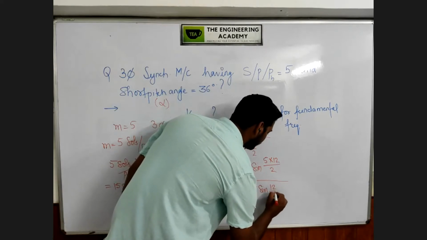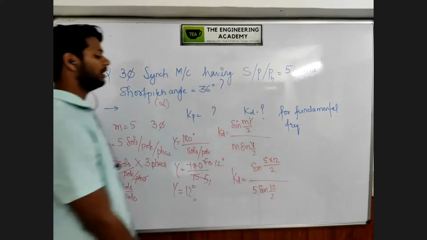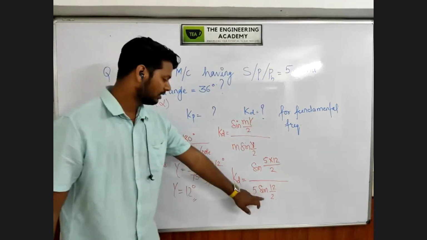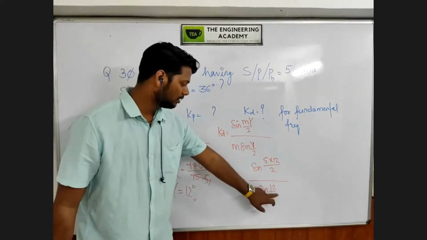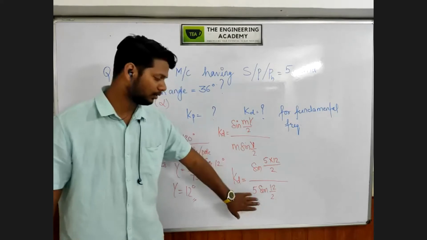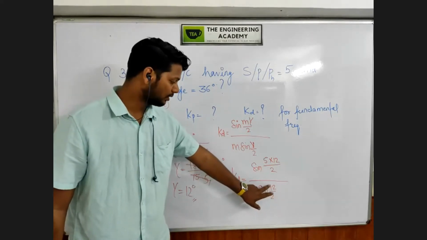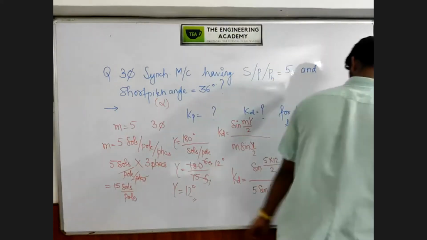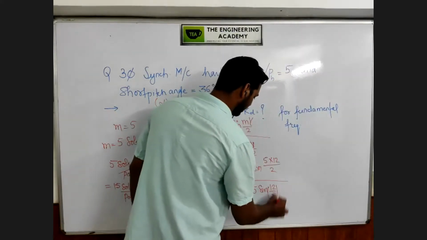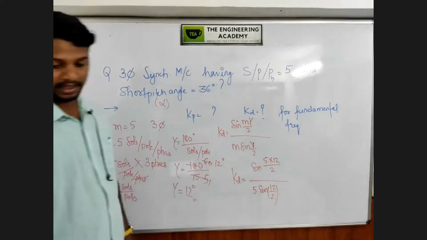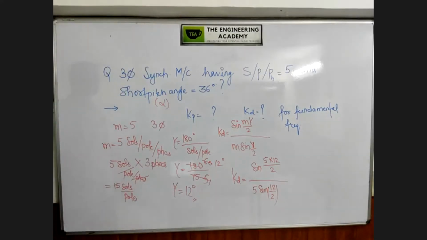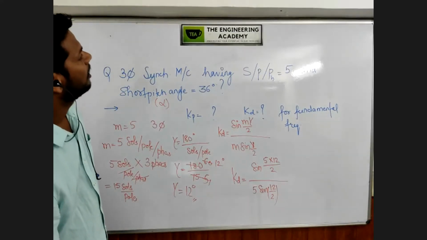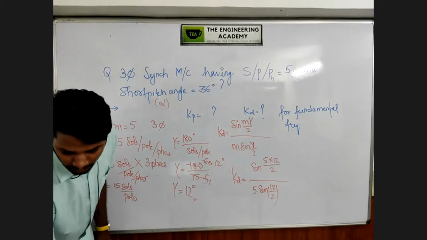It is not sine of angle 12 whole divided by 2. It is not like that. It is sine of 5 times angle 12 divided by 2. Can anyone tell me the value of kd in the chat box, or you can unmute and tell me?